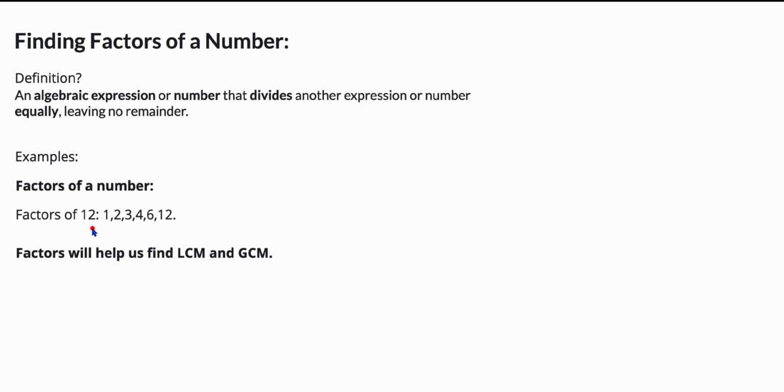Now keep in mind, there are two numbers that will 100% be a factor. One of them is 1, and the other is the number that you're trying to factor. So in this situation it's 12. Once again, the two numbers are 1 and the number that you're trying to factor.